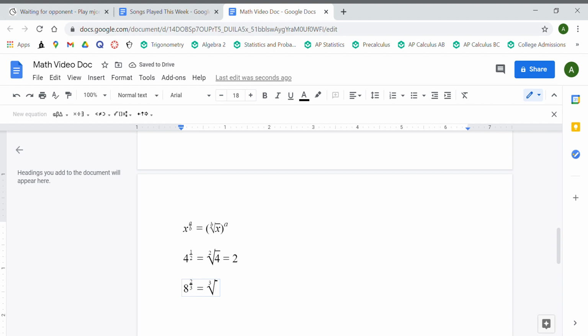Our base is 8, so that is our radicand. And then we take this entire thing and raise it to the power of a, and our a value is 2. Alright, now we simplify the cube root. So it's going to be 2 squared, which equals 4.